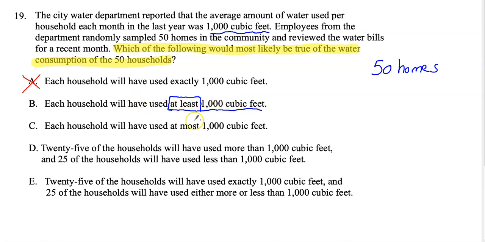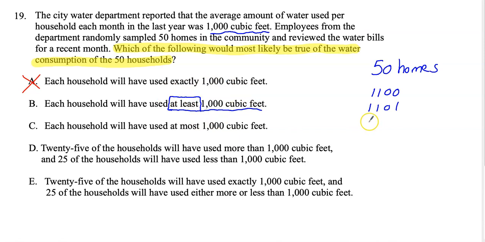So what this is telling us, B, is that of the 50 homes, the majority will use over 1,000 cubic feet. I might have one that uses 1,100 cubic feet, and maybe another one that uses 1,101 cubic feet. I mean, they'll be close to 1,000, but not exactly.